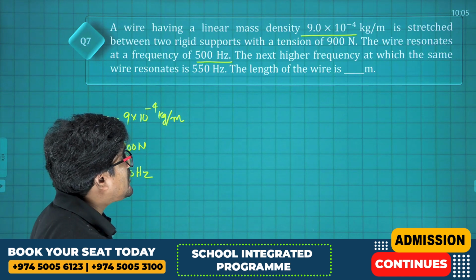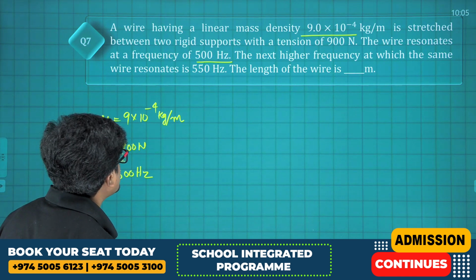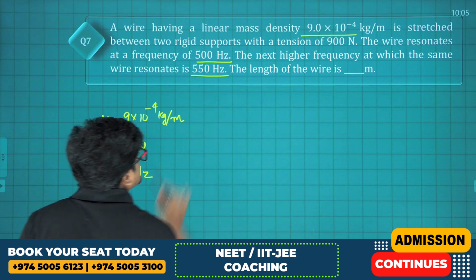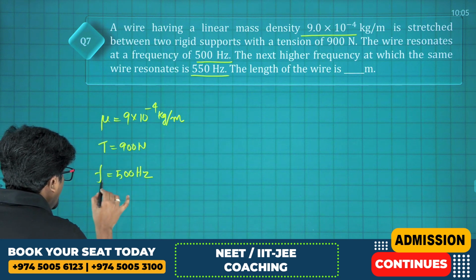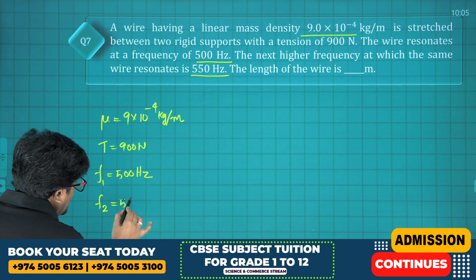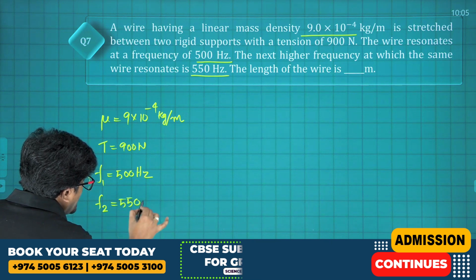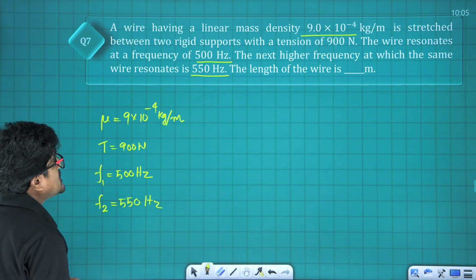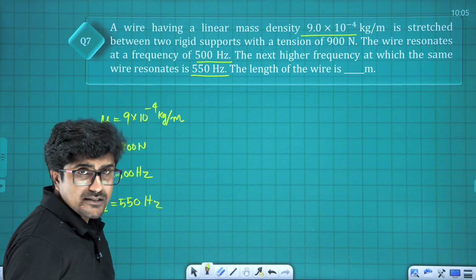The next higher frequency at which the same wire resonates is 550. So here this is F1 and let me mark the next frequency as F2, which is 550 Hertz. Now the length of the wire is the question.